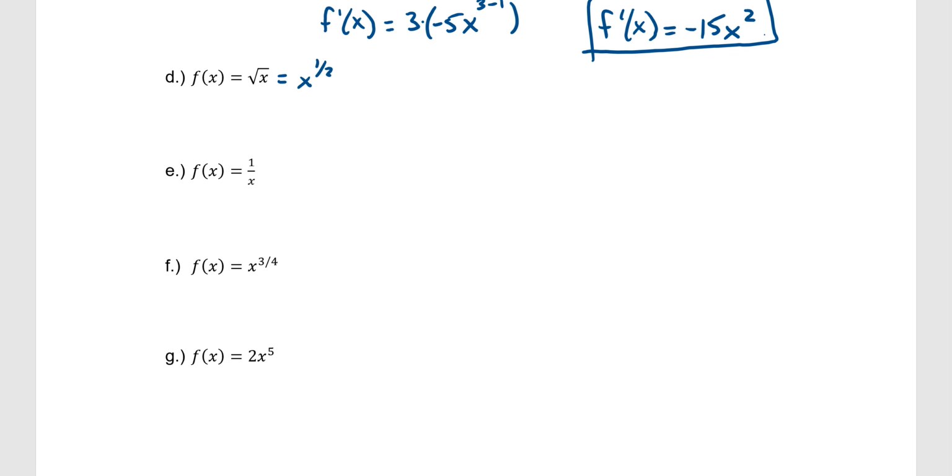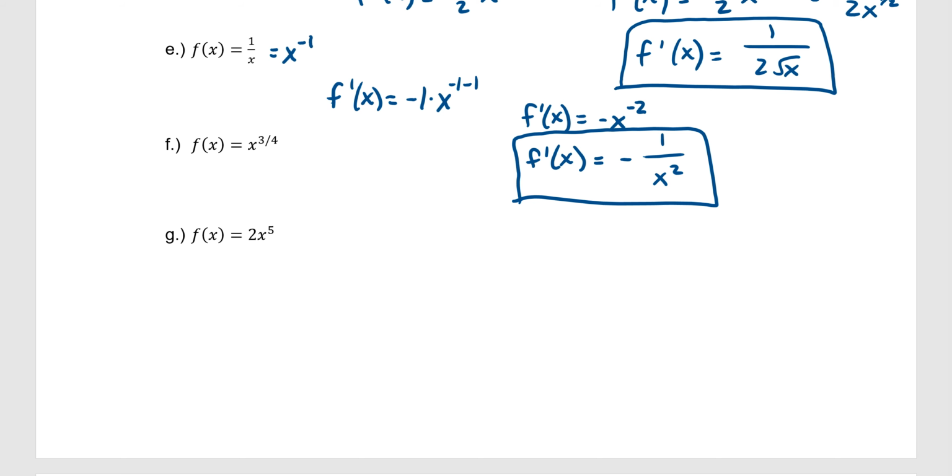So that's going to give us f prime of x equals negative x to the negative 2, which we can write as f prime of x equals negative 1 over x squared to make the exponent positive. And sorry for having it all clumped together here in my notes.